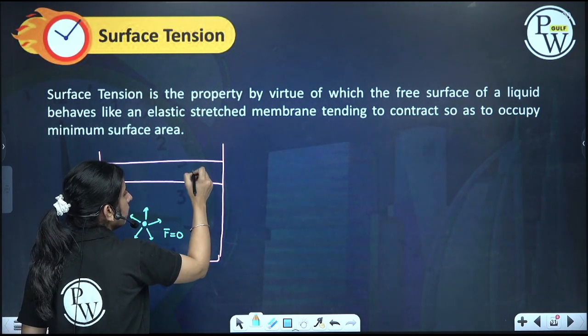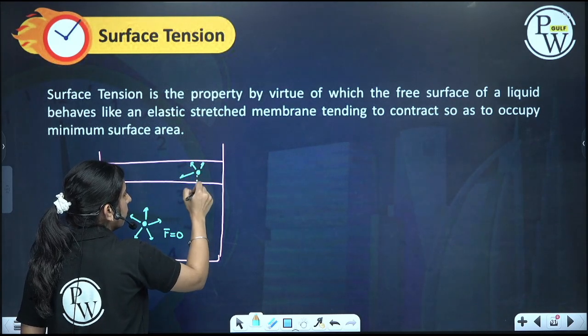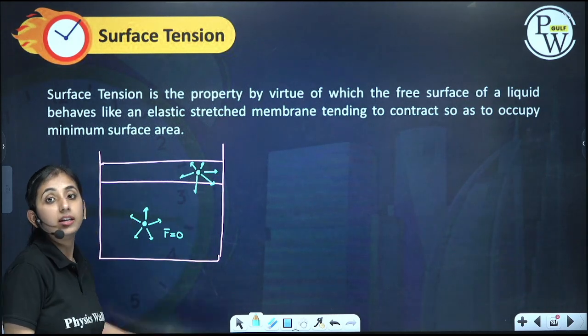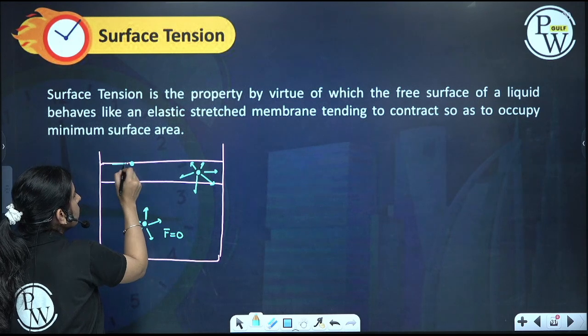If we take a molecule near the surface, the upward force is less but the downward forces are large, so it will have a net downward force.